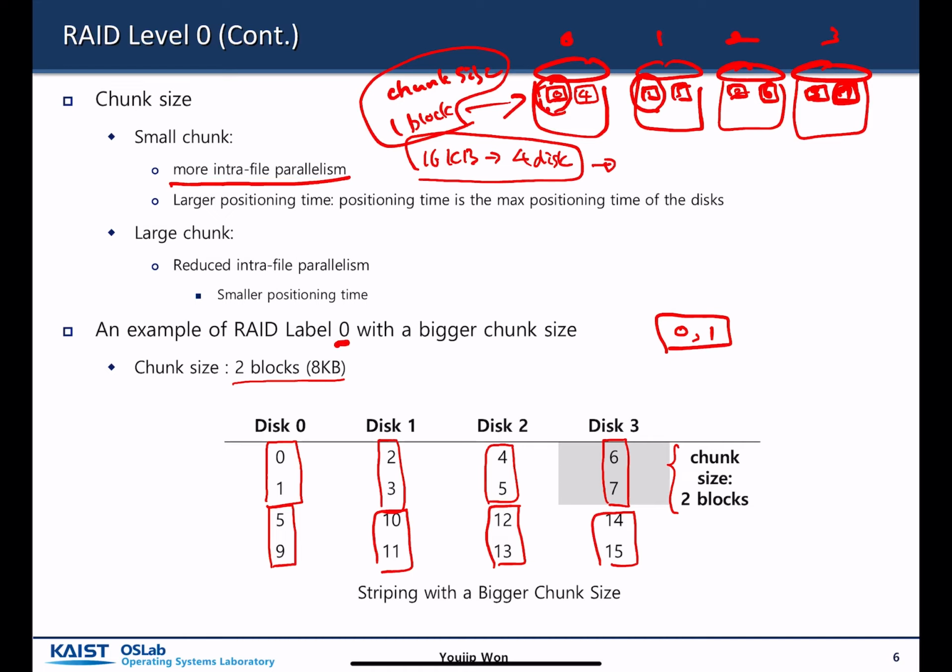But if you use a larger chunk and block 0 and block 1 belong to the same disk, then we can read just disk 0. So which one is faster? It depends on how long it takes to read 2 blocks. So determining the chunk size is quite a difficult issue.